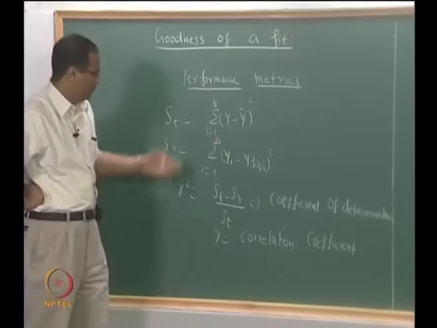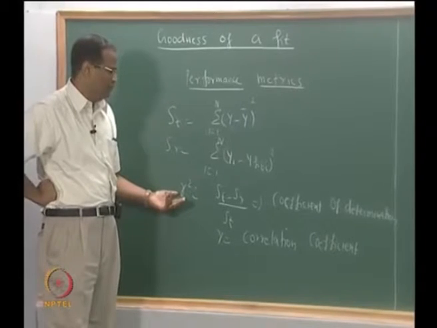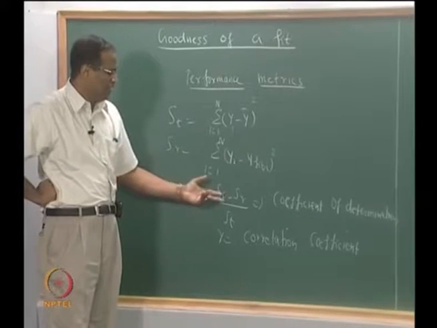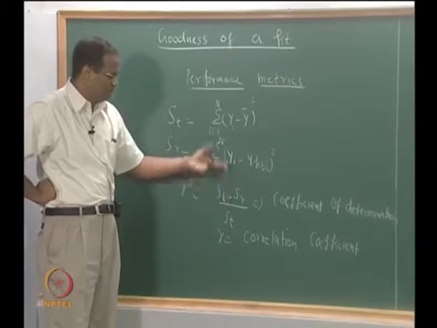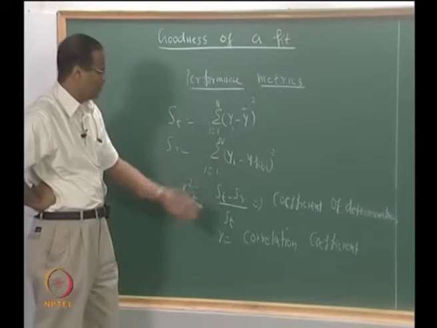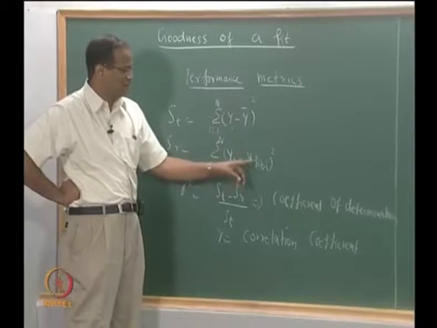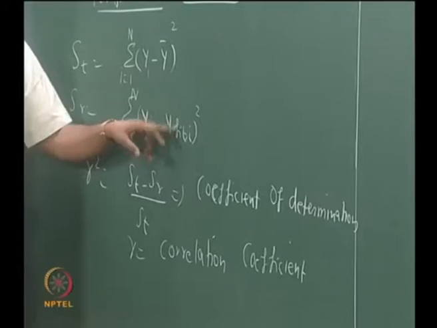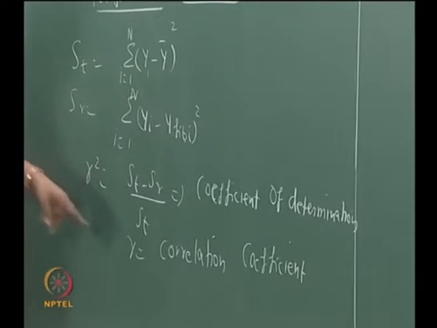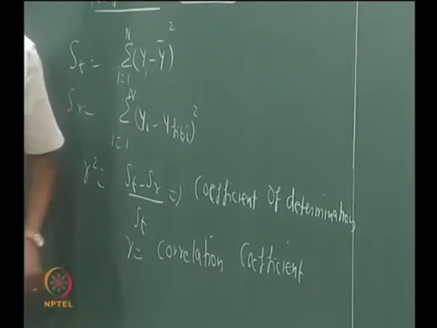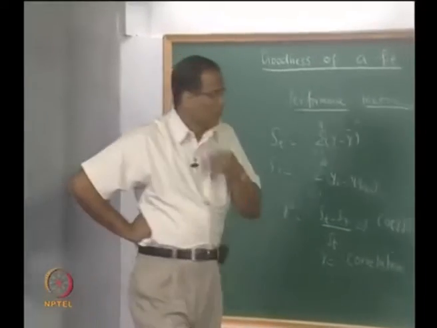Now the coefficient of determination is basically what percentage or how much reduction is brought about in ST by proposing a correlation wherein you fit y as a function of x, and the root of this coefficient of determination is the correlation coefficient, okay.